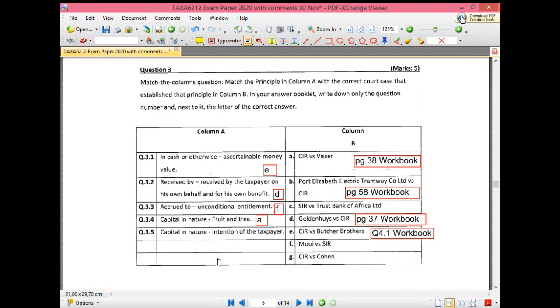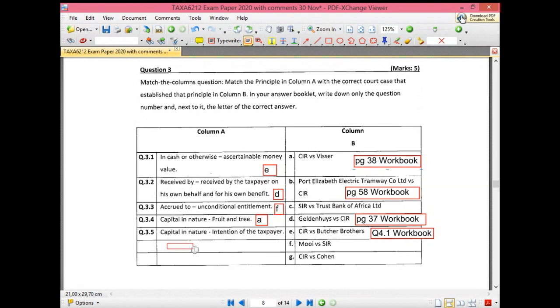Now in this scenario, if you get to this in the exam and you don't know which one, you have a 50% chance of getting it right because you've only got two options left. Then you pick one of them and you put that letter next to it. Do not leave it blank. If it's blank, you have a 0% chance of getting any marks. Okay.